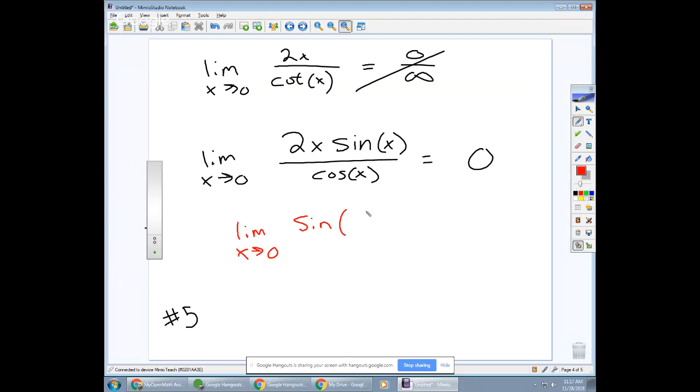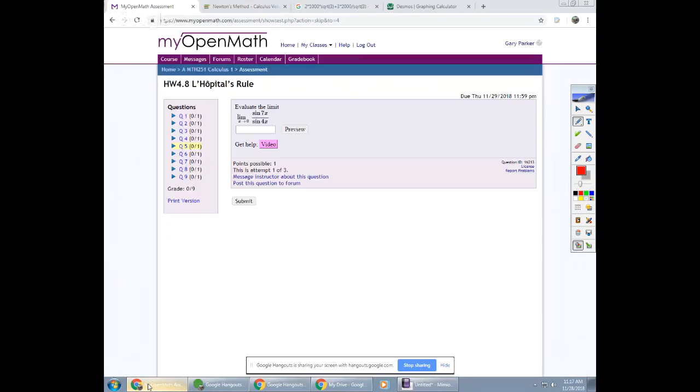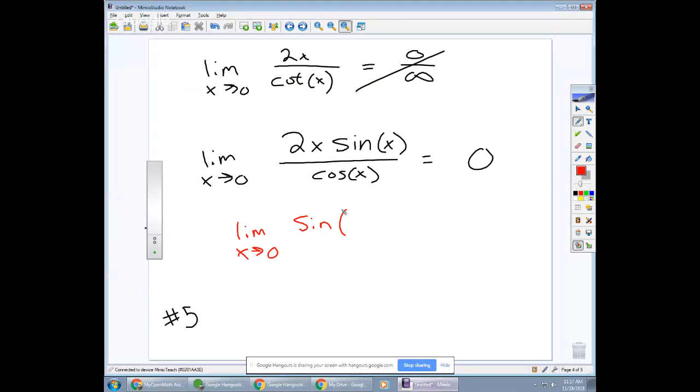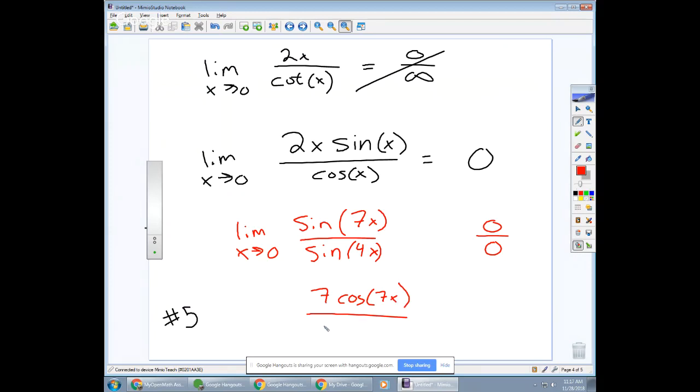So sine of 7x over sine of 4x. If I try to evaluate this limit, I get 0 over 0, which means I can apply L'Hopital's rule to it. So the derivative of sine is cosine, so I'm going to get 7 cosine of 7x according to the chain rule in the top. And then the bottom, I'm going to have 4 cosine of 4x.